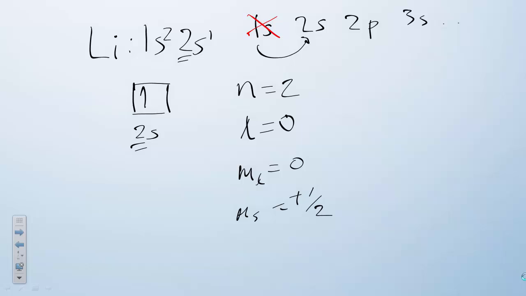Now, when we go next door to beryllium, fine. Now we'll add that second electron in the 2s orbital. So for beryllium, we're going to go 1s2. That tells us the first 2 electrons. We had 2s1 for lithium, 2s2 now, because we just added an electron on.